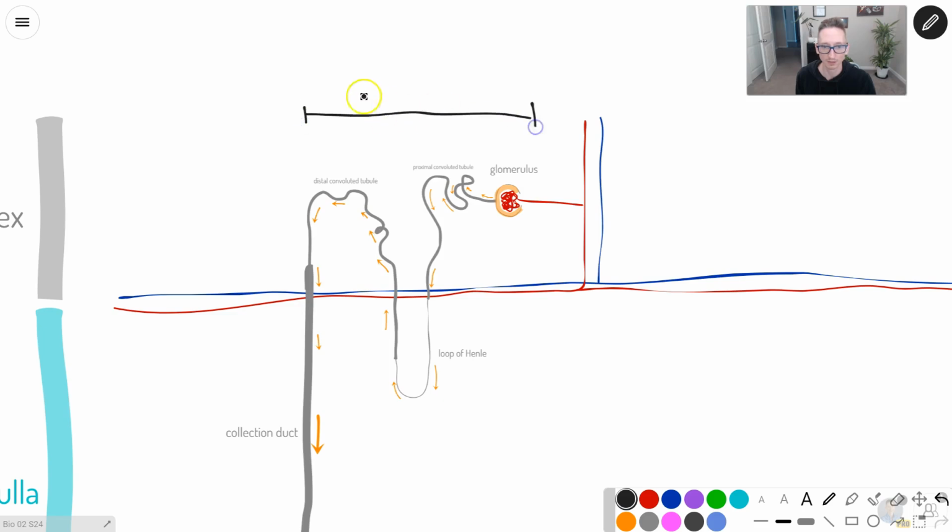It's a functional unit of the kidney. I'm giving you guys the real basic version of this to hopefully have it make sense. Very, very simple, very, very straightforward.